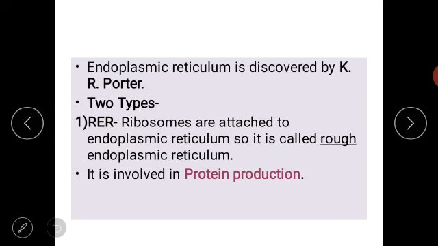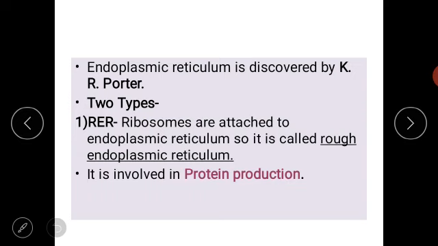Endoplasmic reticulum was discovered by the scientist K.R. Porter. As we have discussed, there are two types of endoplasmic reticulum. In the RER, ribosomes are attached to the endoplasmic reticulum, so it is called rough endoplasmic reticulum.